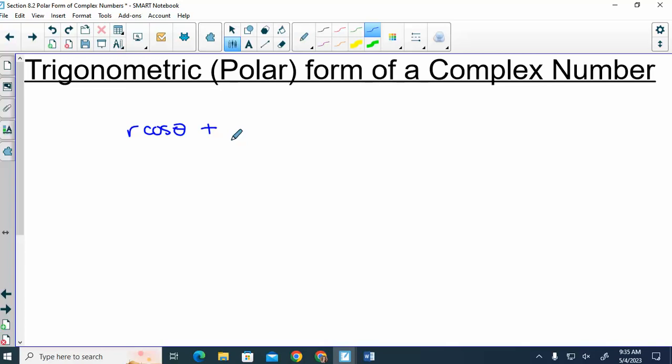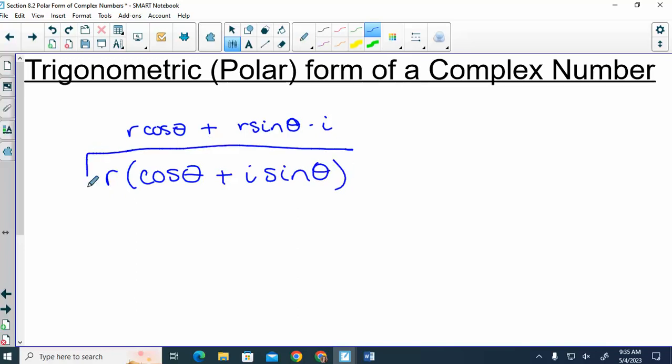Since it was imaginary, it had the i with it. So that's like your r sine theta being your y, but then those had the i with them because it was imaginary. What do both of these terms have? An r. So typically when you see the polar form, it'll be r in front, and then cosine theta plus i sine theta. So this is the definition of polar form.